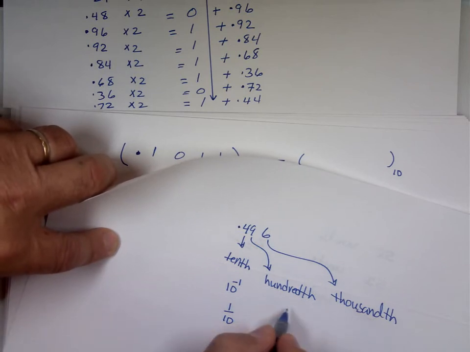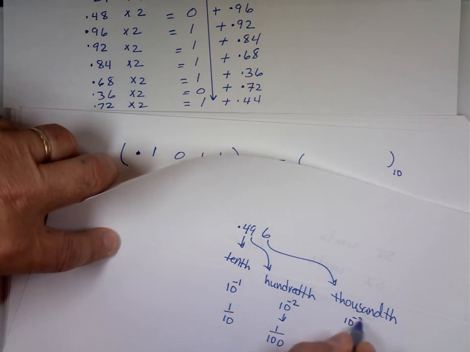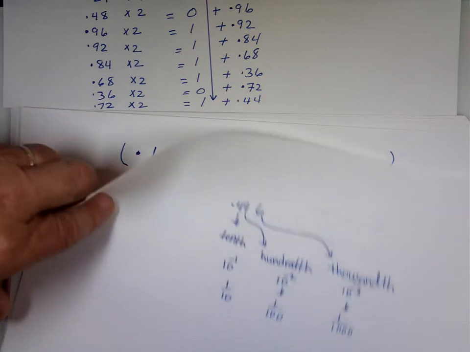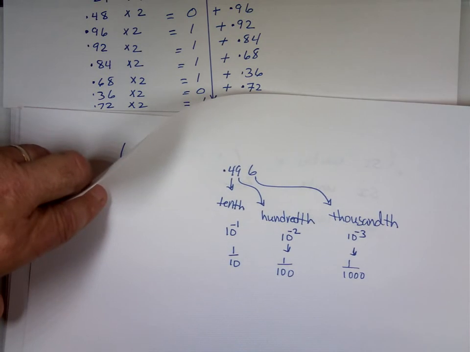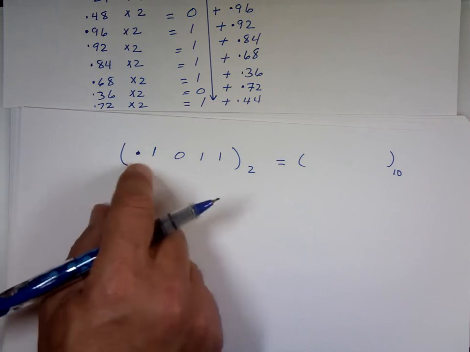This is the 10 to the negative 2, which is what? 100th. And this is 10 to the negative 3, which is what? 1,000th. That's the weight of them. Well, with base 2 it's the same thing. So when you look at that number, the weight of this one, you're in base 2.